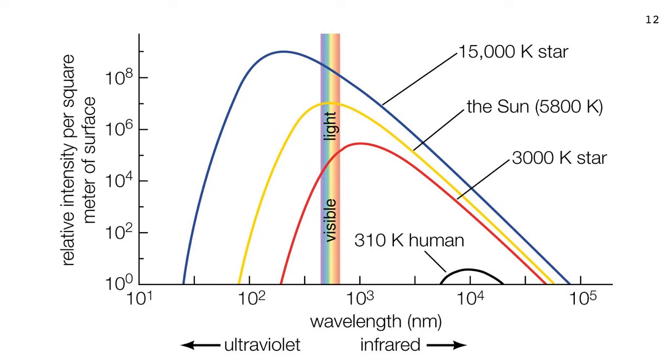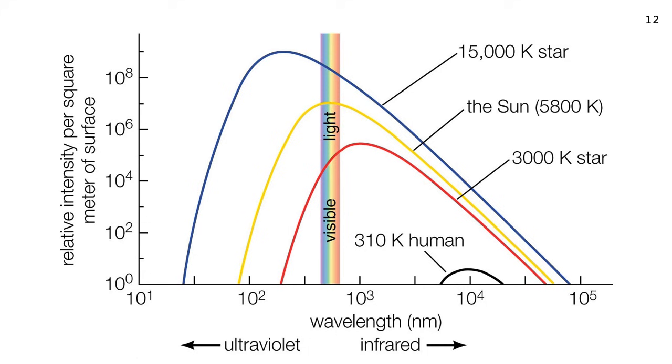All right. Now the sun is about 5,800 Kelvin. And you can see that the sun's spectrum peaks in the visible ROYGBIV. In fact, the peak color of the sun is kind of a yellowy green, about 501, 502 nanometers.